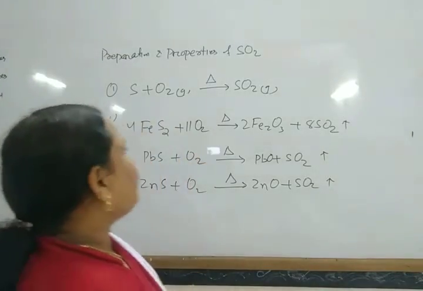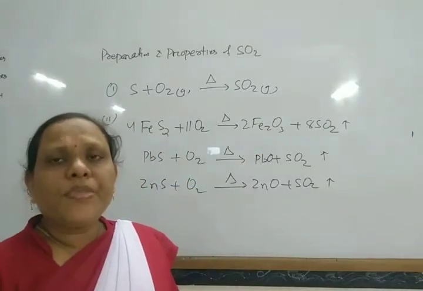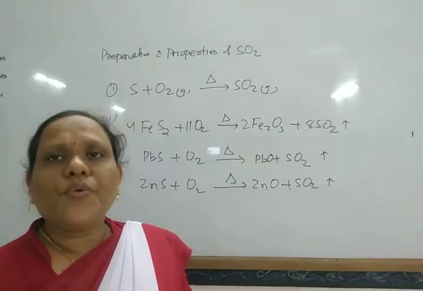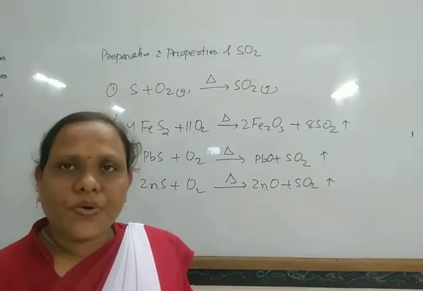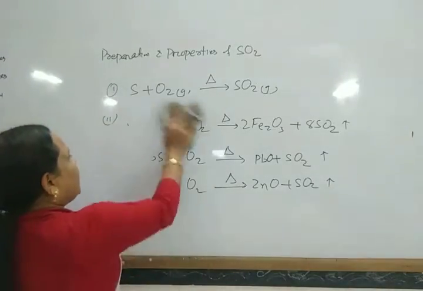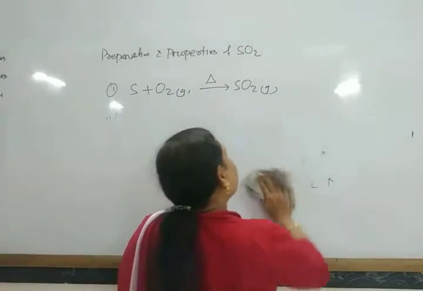Next, sulfur dioxide gas is also prepared by the reaction of sulfite salts with dilute hydrochloric acid or dilute sulfuric acid.